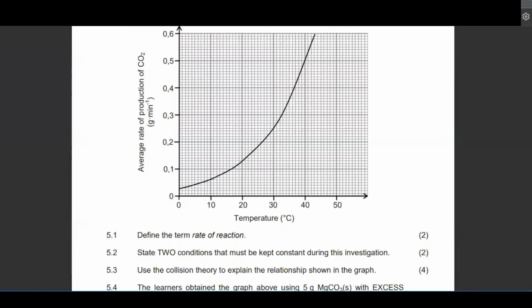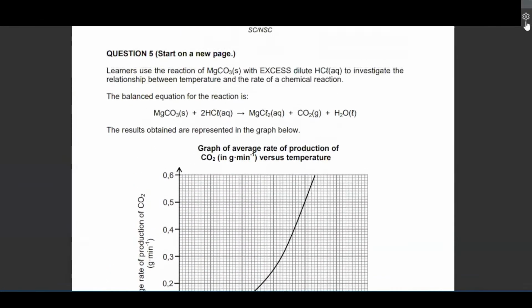So state 2 conditions that must be kept constant in the investigation. Since we are using a solid here, pressure might not work out. So we can talk about the surface area. The surface area, meaning whether they are grains or granules or fine, yes, surface area.